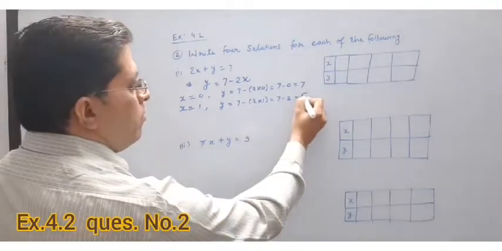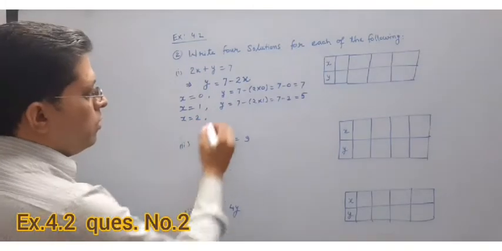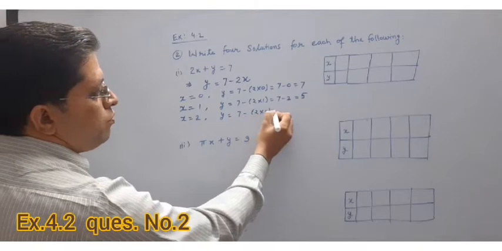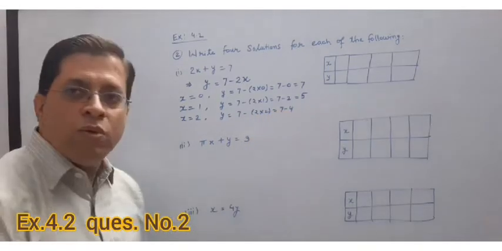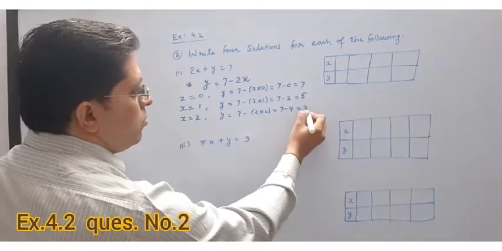Take x is equal to 2. Then what will be y? 7 minus 2 into 2, 7 minus 4. And 7 minus 4 is what? 3.